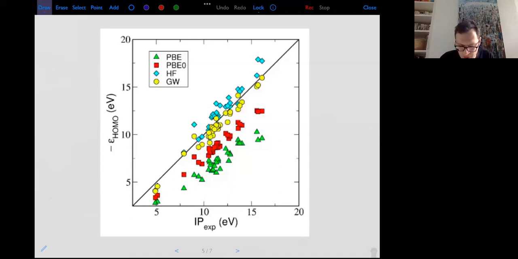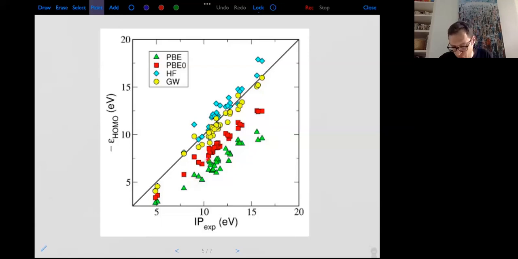I couldn't find HOMO-LUMO gaps, but what you can see here is, at least for the IPs, Hartree-Fock, which is basically these blue diamonds, is quite close to the diagonal. So for molecules, Hartree-Fock gives you much better quasi-particle energies than, for example, PBE, which is in green.